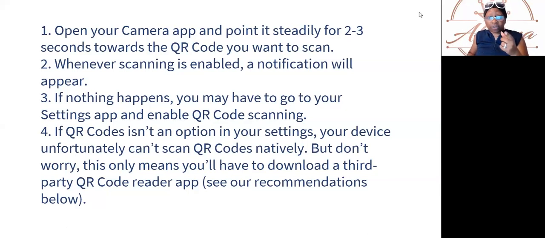For those that have Androids, if your QR code is not working when we go through this, then it needs to be enabled. According to the instructions, if nothing happens, go to number 4: go to your settings and look for QR codes.